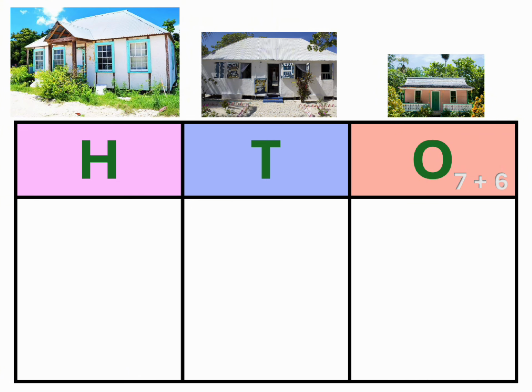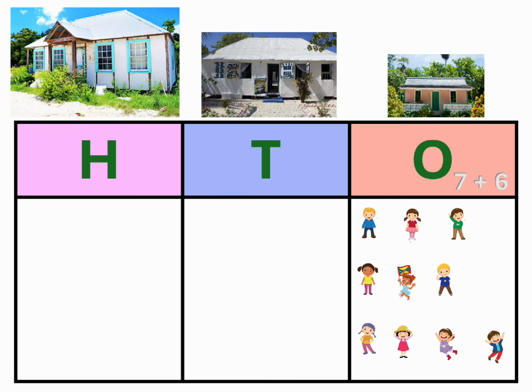Let's welcome the guests into the house and count them out. 1, 2, 3, 4, 5, 6, 7. Now we need to add 6 more guests. 1, 2, 3, 4, 5, and 6.